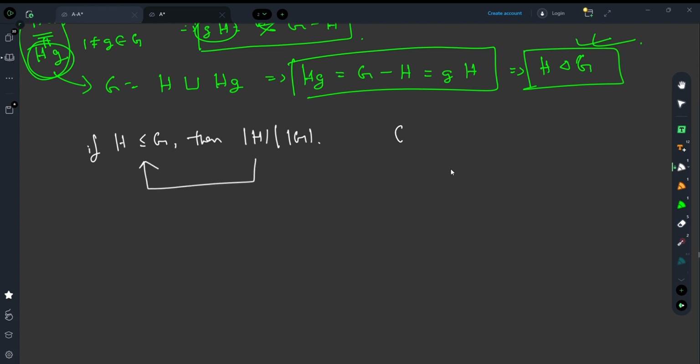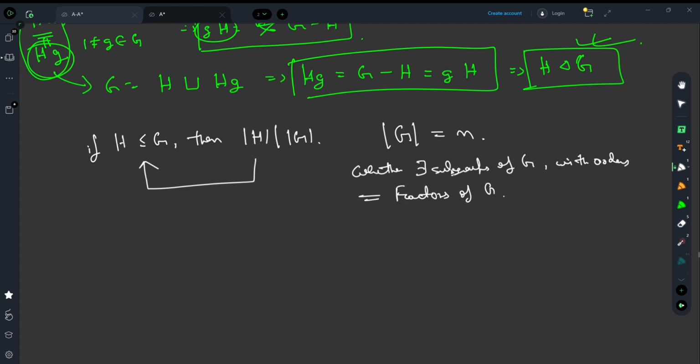That is, if G is a group of order n, then whether there exist subgroups of G with orders equal to factors of n.